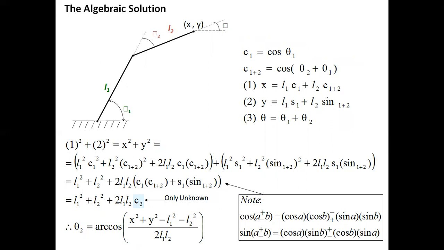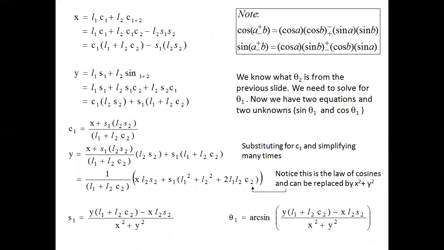Cos of a plus or minus b is cos a cos b minus sin a sin b, and sin of a plus or minus b is sin a cos b plus or minus cos a sin b. From this we can find the values of x, y, c1 and s1. Substituting everything, we can determine the value of theta 1.